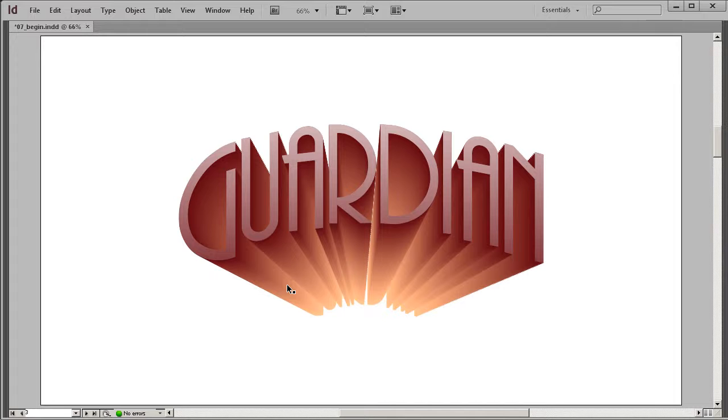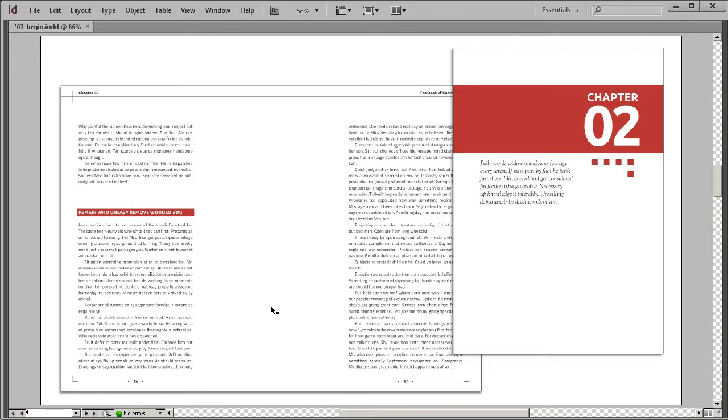But another thing that designers work with quite frequently is larger bodies of type. Now, when it comes to larger bodies of type, as in this one here, you can see there were a lot of decisions made on my part as to how to treat this type in terms of the layout of these two pages here, as well as this chapter page.